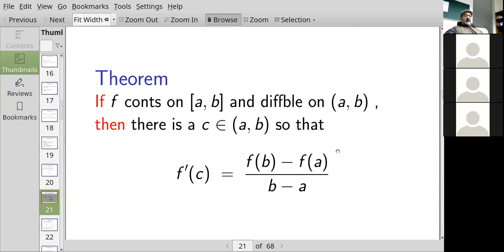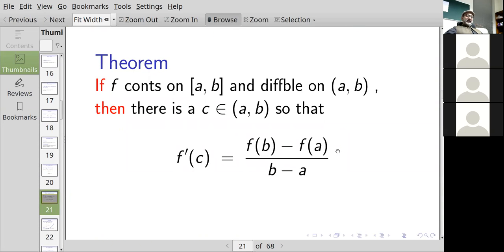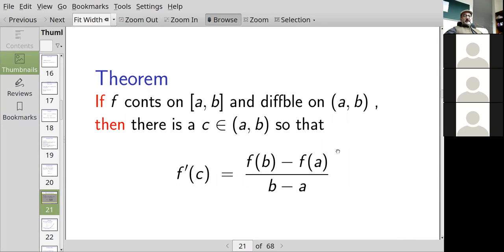Okay. Mean value theorem. If f is continuous on the closed interval from a to b and differentiable on the open interval (a, b), now I'm not requiring f to have the same values at the endpoints. Then there is a C in the open interval (a, b) such that the instantaneous rate of change of f at C is equal to the average rate of change of f over the interval. This is where the speeding fine comes in.